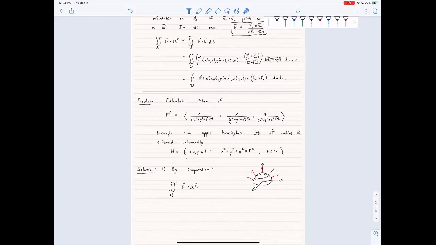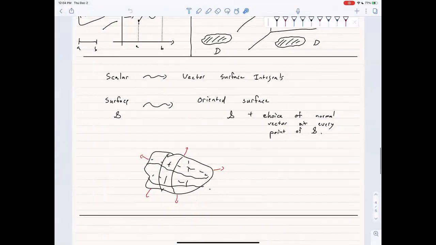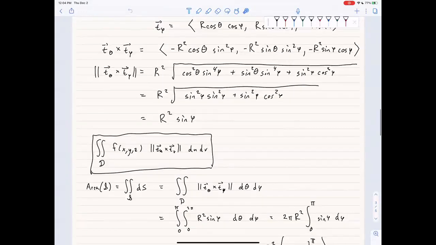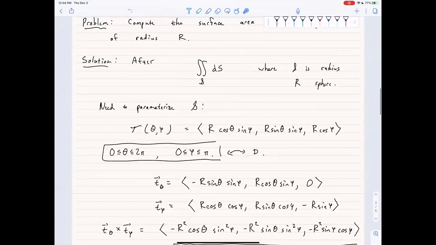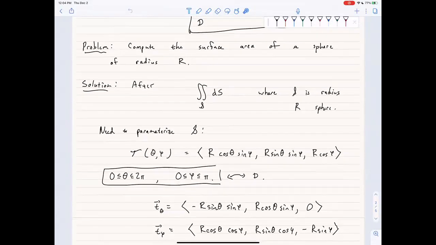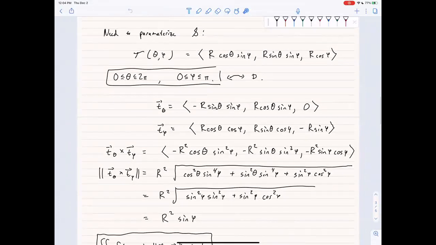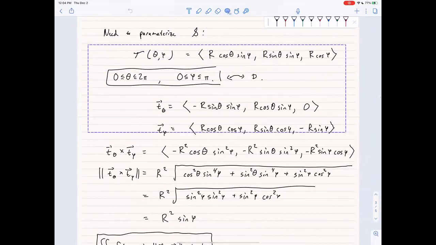Well, my memory goes back not very far, but I do remember last lecture. And I even have the notes from it. We did have a parametrization for a sphere of radius r. We did the work, and I don't want to repeat it. So what we'll do is copy it. I'm going to need this much of it.